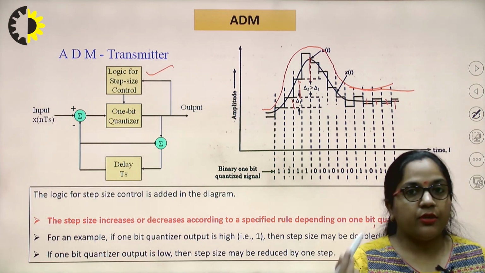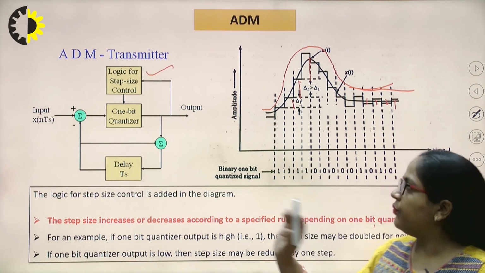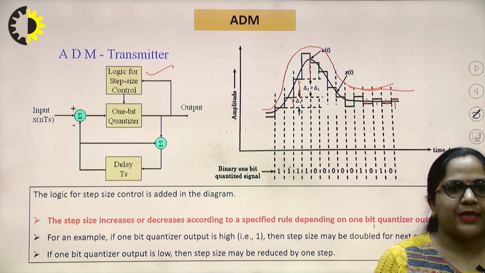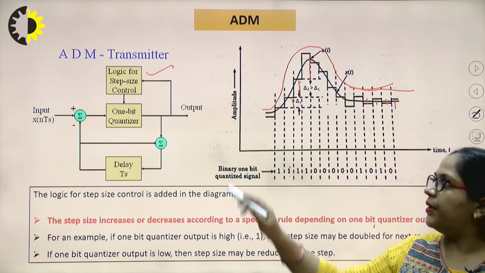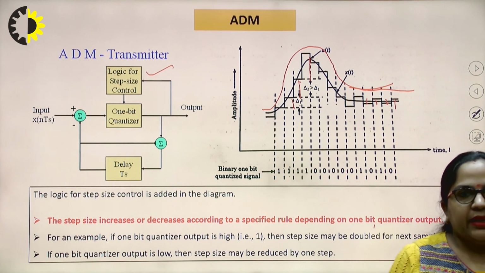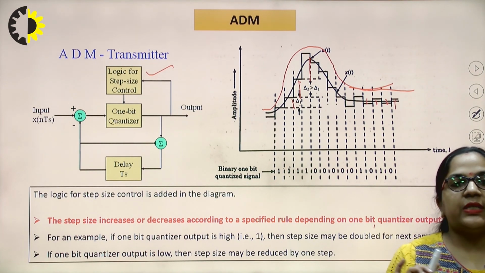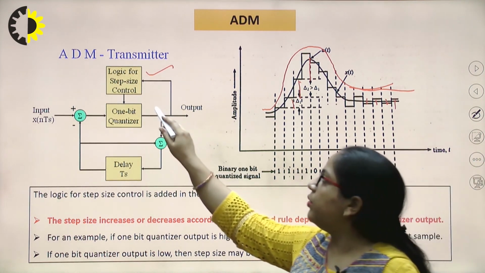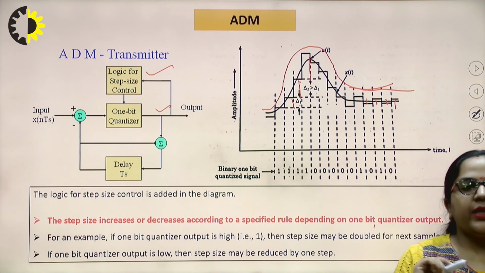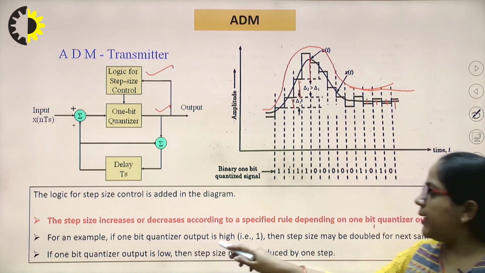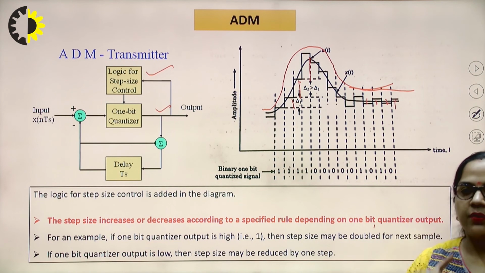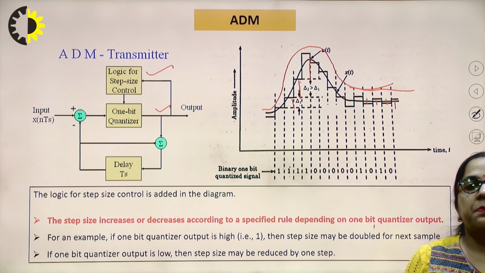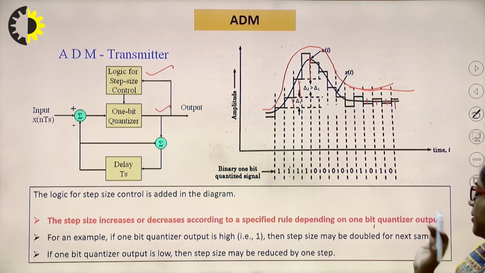So, how can we increase or decrease the step size? There is a rule with the help of which we can understand the variation in the step size. The logic for the step size control is added in this diagram. The step size increases or decreases according to a specified rule depending on the 1-bit quantizer output. For example, if the 1-bit quantizer output is high, if we are getting output equal to 1, then the step size may be doubled for the next samples.